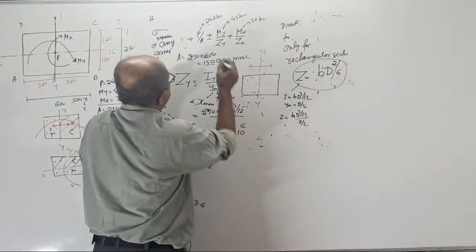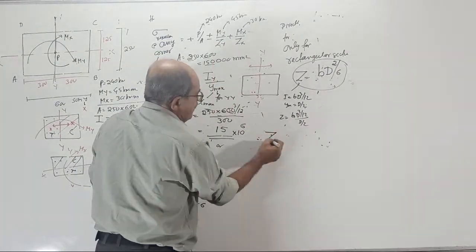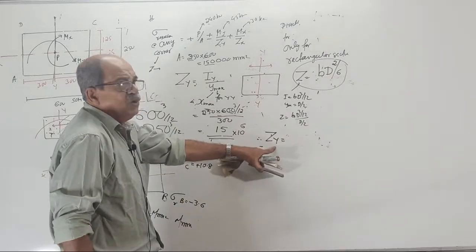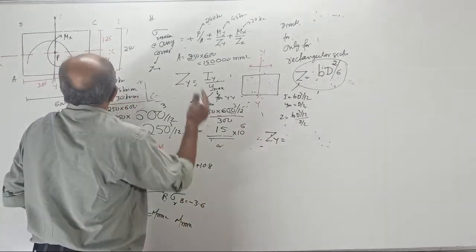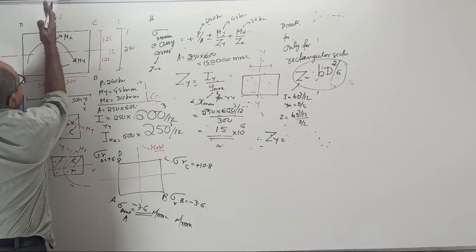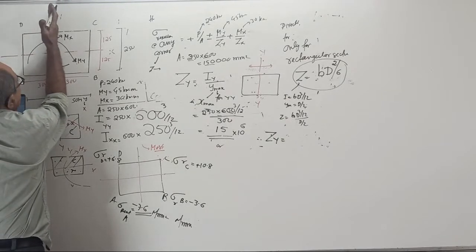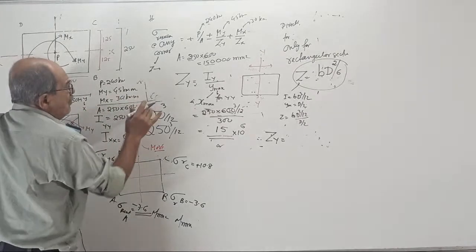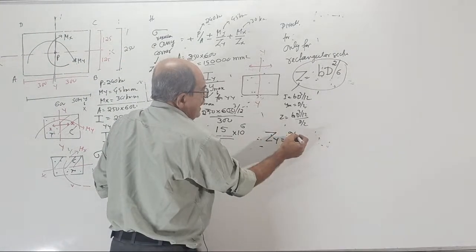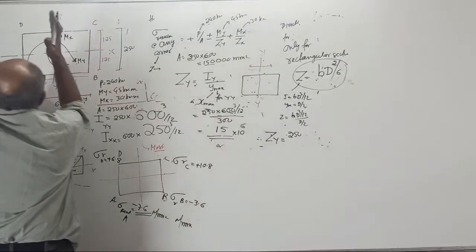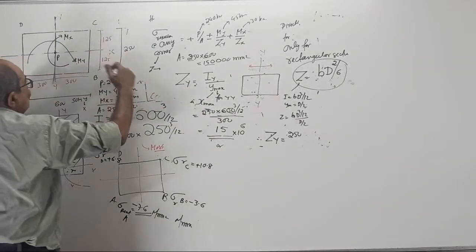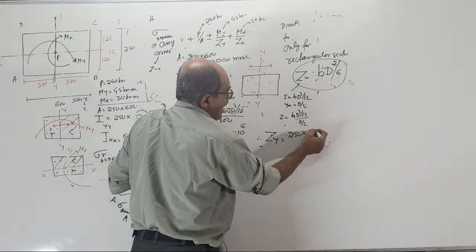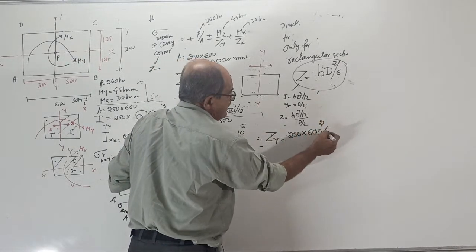Therefore, if I want Z about Y, see, when you do I about Y, what you are doing? 250 into 600 cube. Now same way it is 250 into, that is side parallel to Y into perpendicular, not cube, perpendicular square divided by 6.